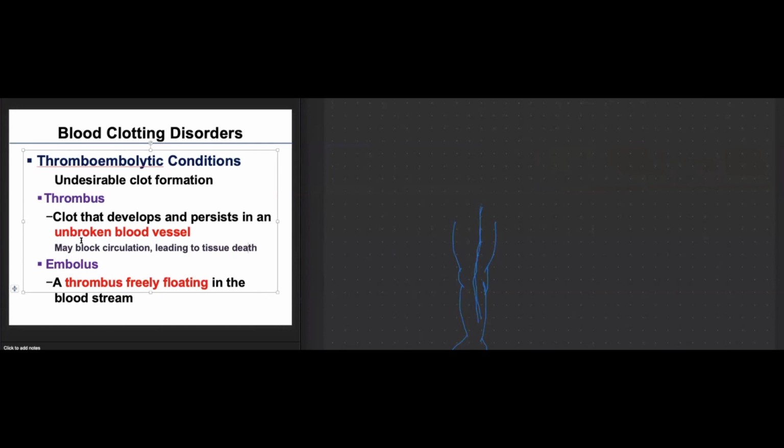So if I've got a blood clot here, I will consider it a thrombus. But if this blood clot travels, it's inside an intact vessel, so it's a thrombus. But if it gets dislodged from its place and now it's traveling freely in my circulation, what's going to happen?